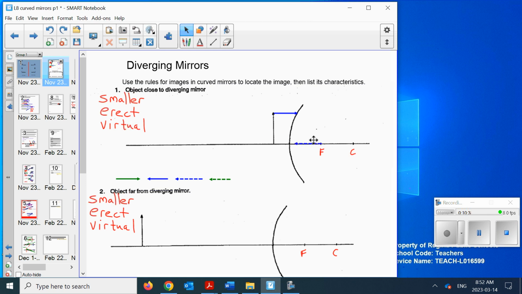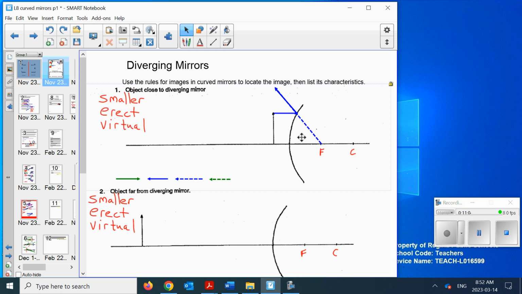Fill in. Oh, here's the focal point. Okay. Now, like I said, I'm going to shade that in, using the first rule. I like to use the center rule.